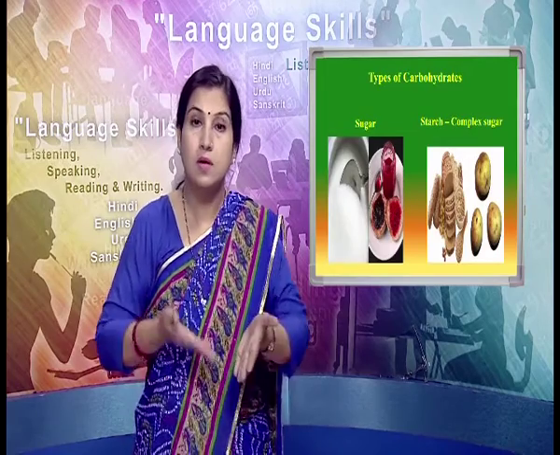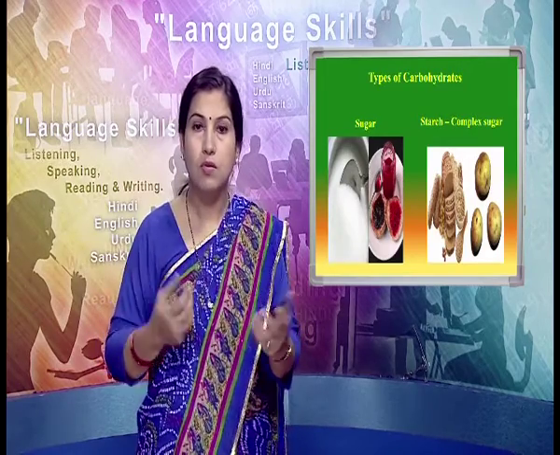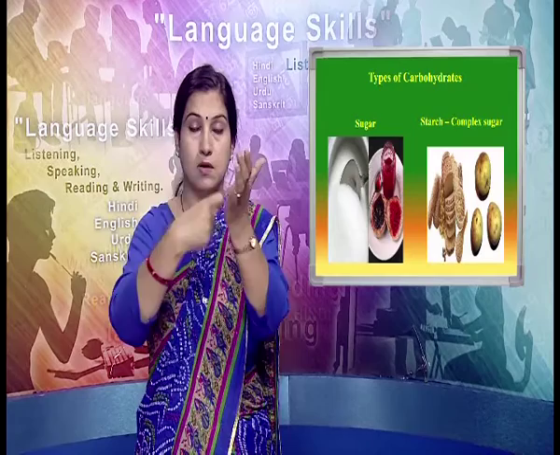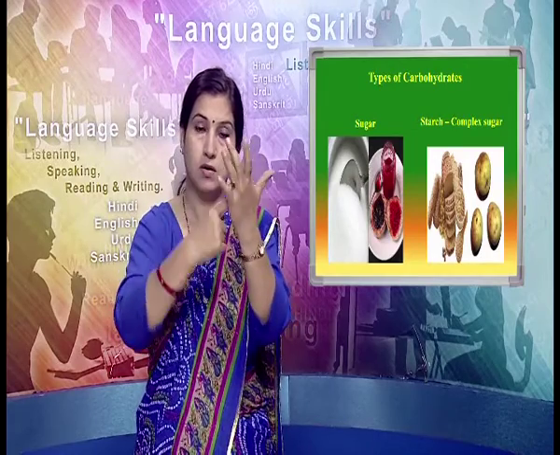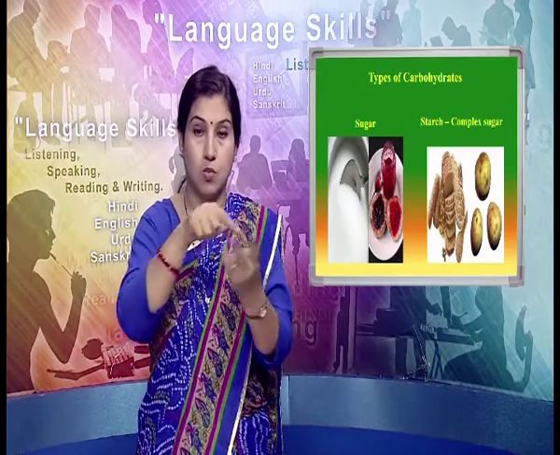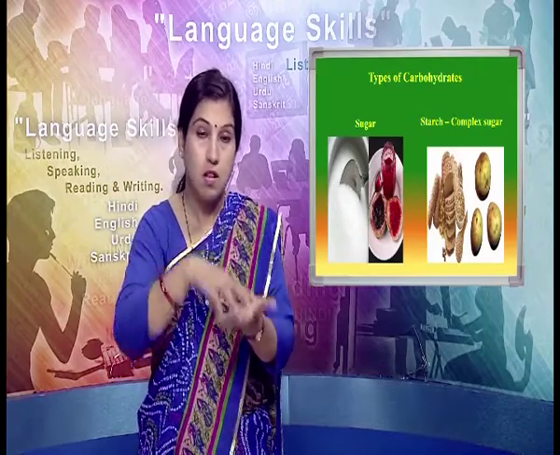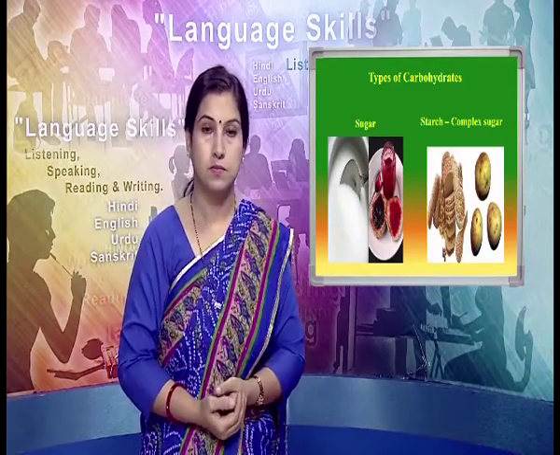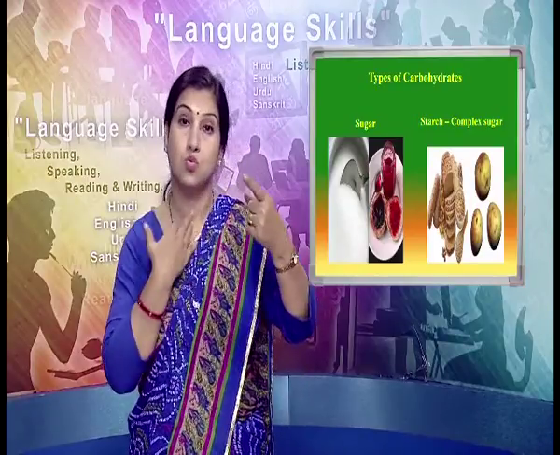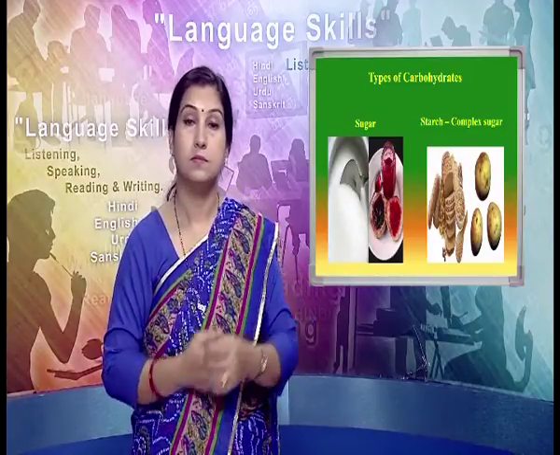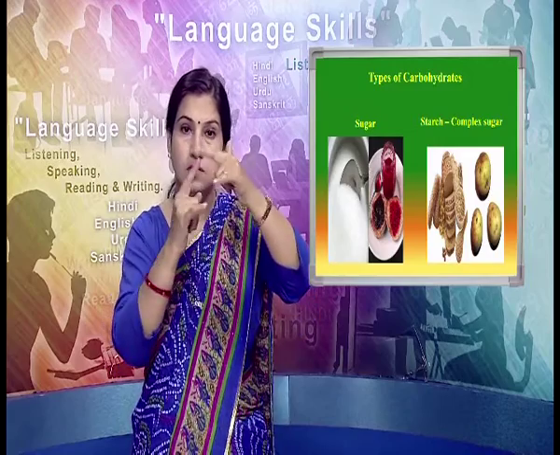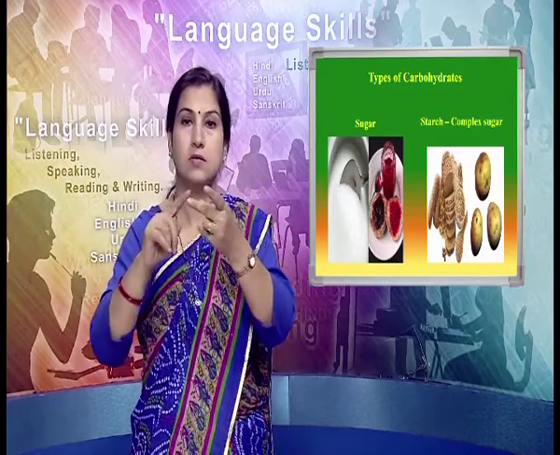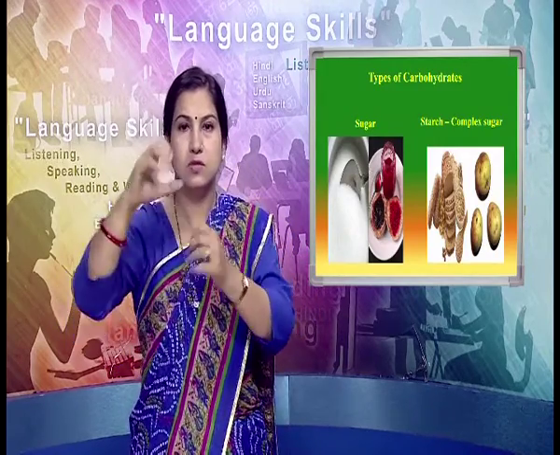Now we will learn about the types of carbohydrates. This is very important to learn to be healthy. There are 2 types of carbohydrates. One is sugar and one is starch, a complex carbohydrate, which includes the fiber.